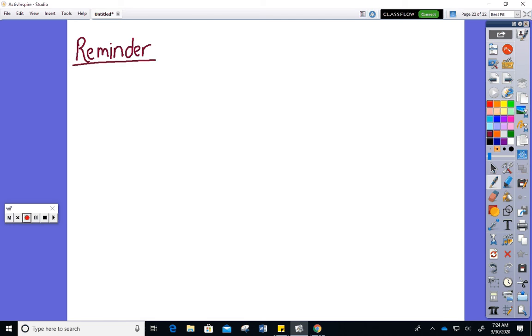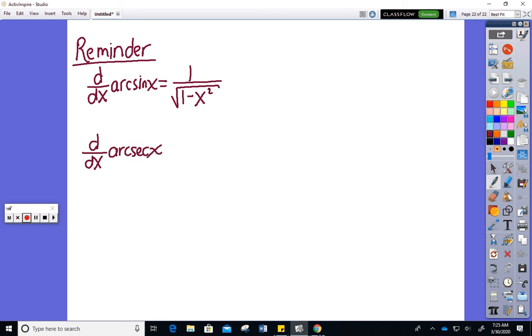I want to remind you that you know the derivatives of the arc trig functions. The big ones are that the derivative of arc sine x equals 1 over the square root of 1 minus x squared. I know it's been a while. The derivative of arc secant x is 1 over the absolute value of x, and then the square root of x squared minus 1.